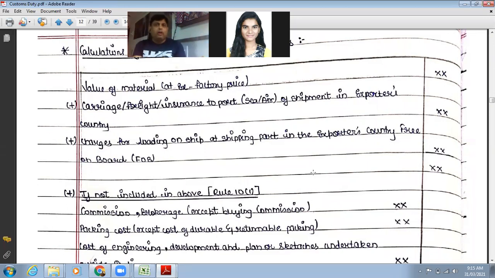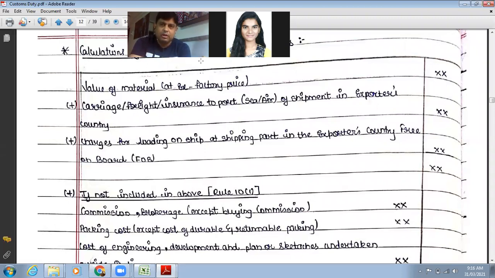So this all-inclusive cost is known as FOB. FOB means the cost which includes cost of production, cost of transportation, cost of loading, everything is included there. Okay. I hope till here the things are clear.